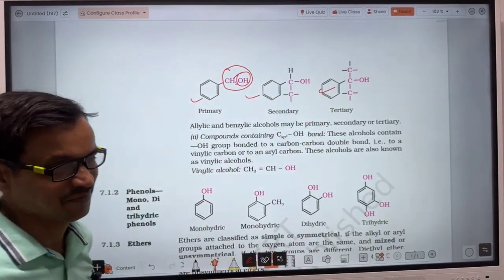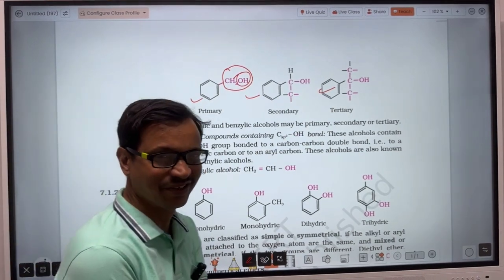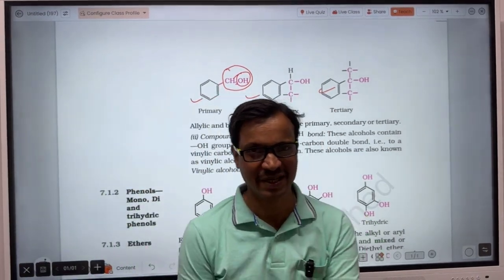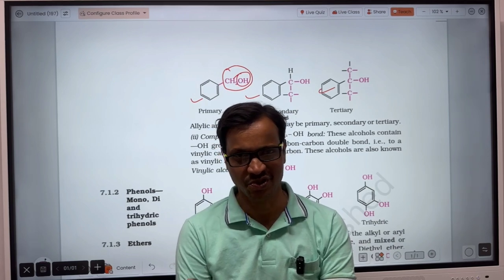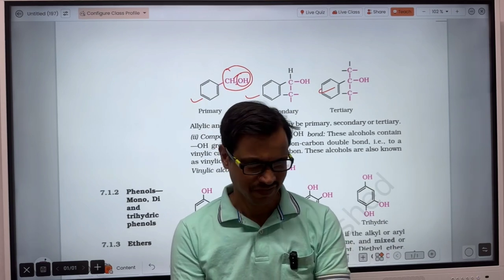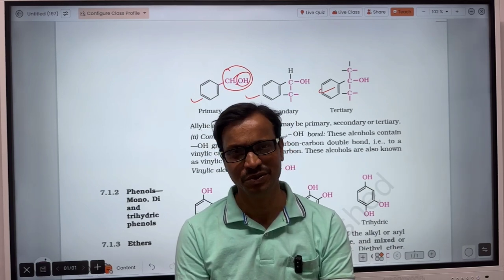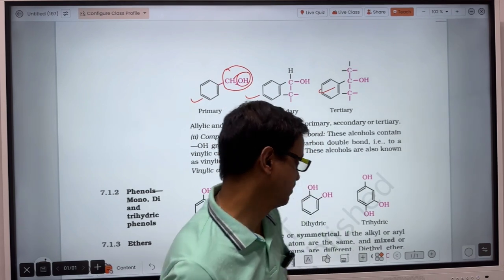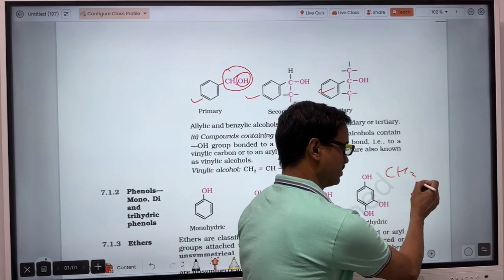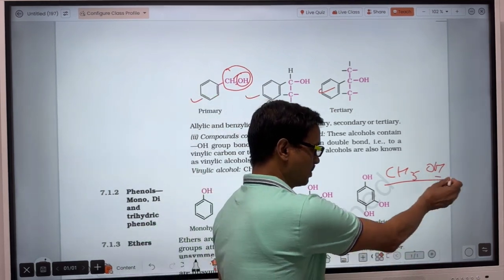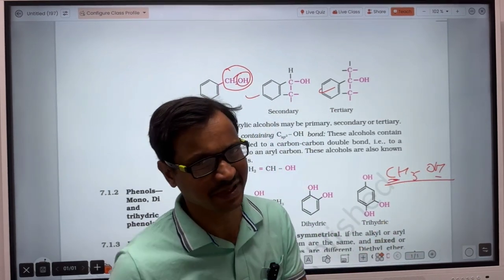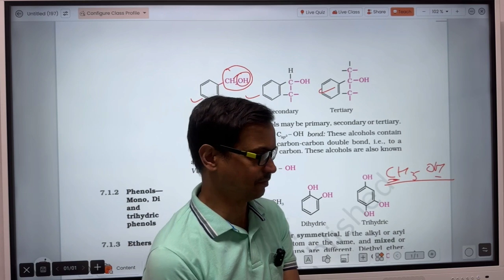Same here, primary, secondary and tertiary. You already know that a primary carbon atom is the carbon atom which is bonded to only one carbon, or which is not bonded to any carbon atom, like in methanol. This is also a primary alcohol, because here it is bonded to a primary carbon, since this carbon is not bonded to any other carbon atom.